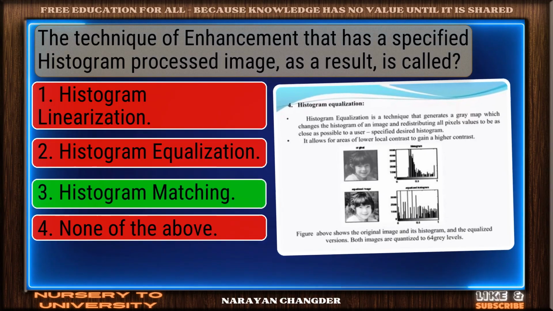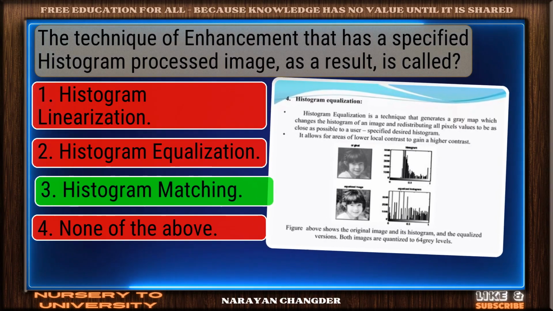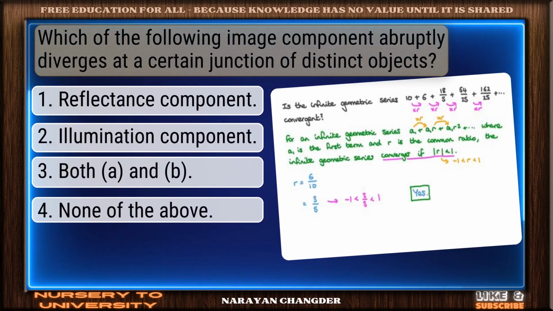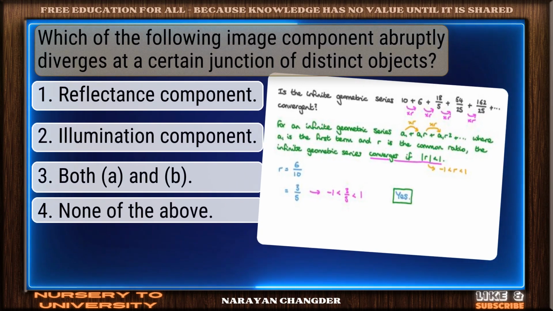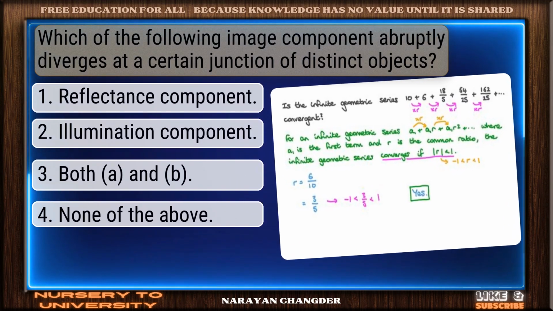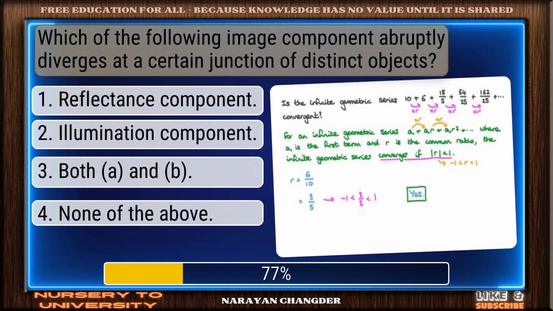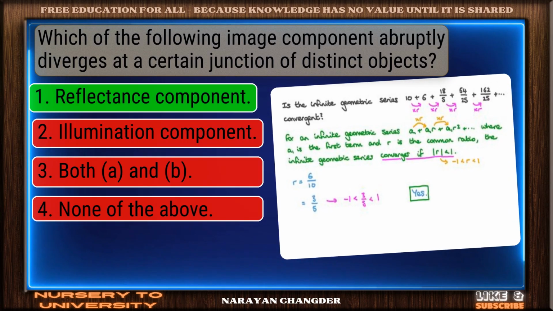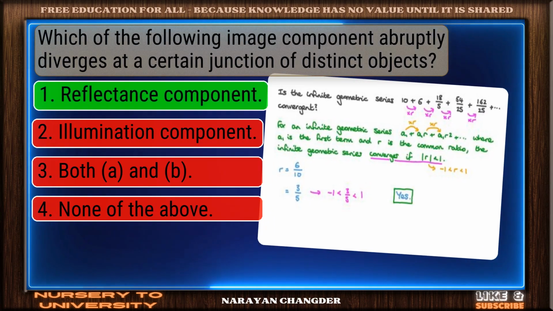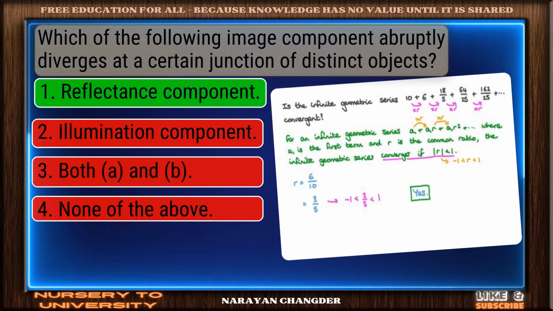Strong choice. Histogram matching is the right answer. Question number 7. Which of the following image component abruptly diverges at a certain junction of distinct objects? Nice work. You chose reflectance component, and it is correct.